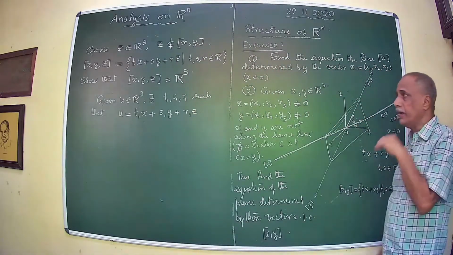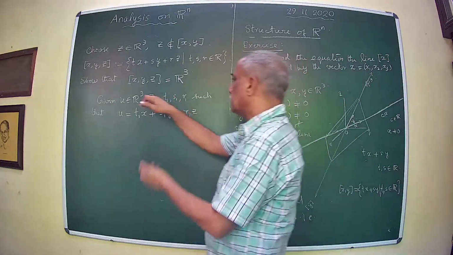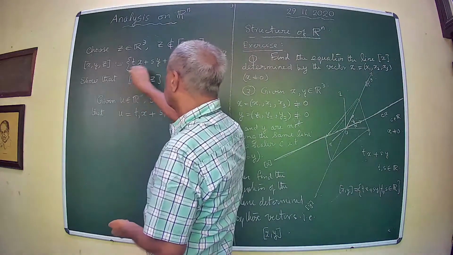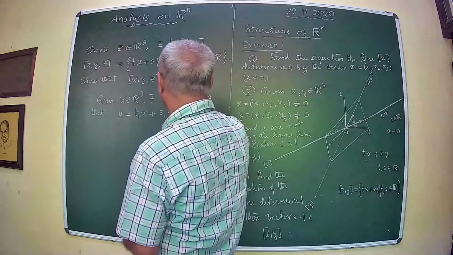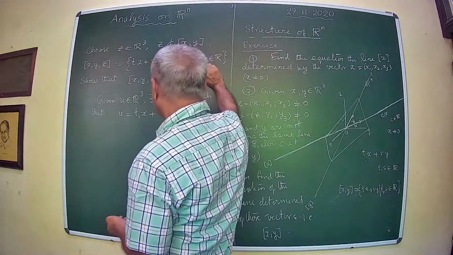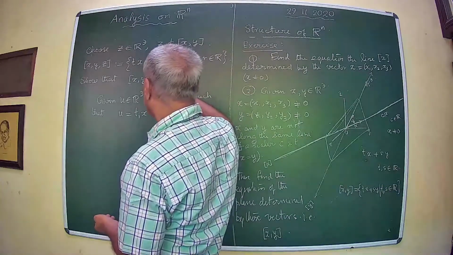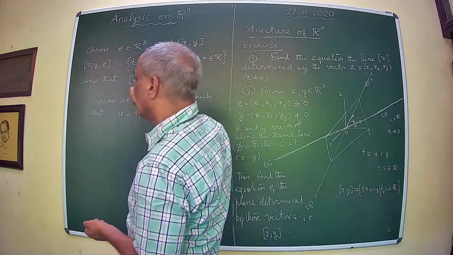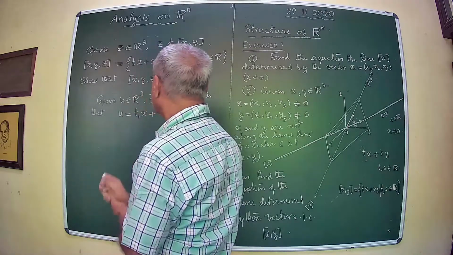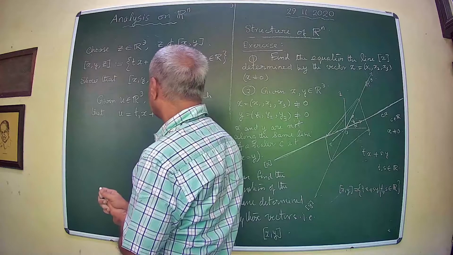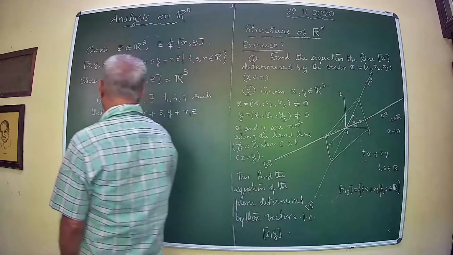So every element of this collection is in R3, and any vector in R3 can be expressed in this form. Okay, so this is clear.